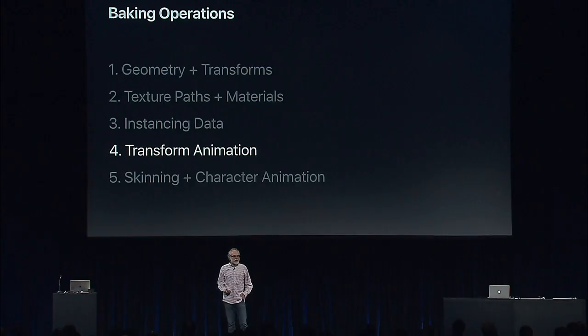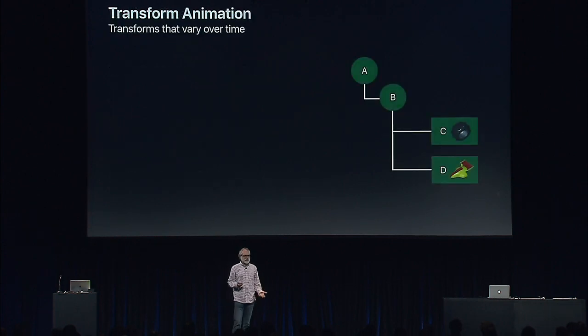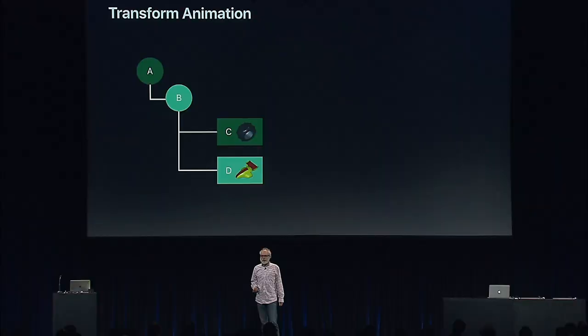Next, we're going to talk about transform animation. Transform animation is transforms that vary over time. So let's consider our simple scene graph again. I've got a car sitting on the start line, and I want to do an animation where maybe the body is going to wiggle a little bit before it starts, and then the car is going to drive away.